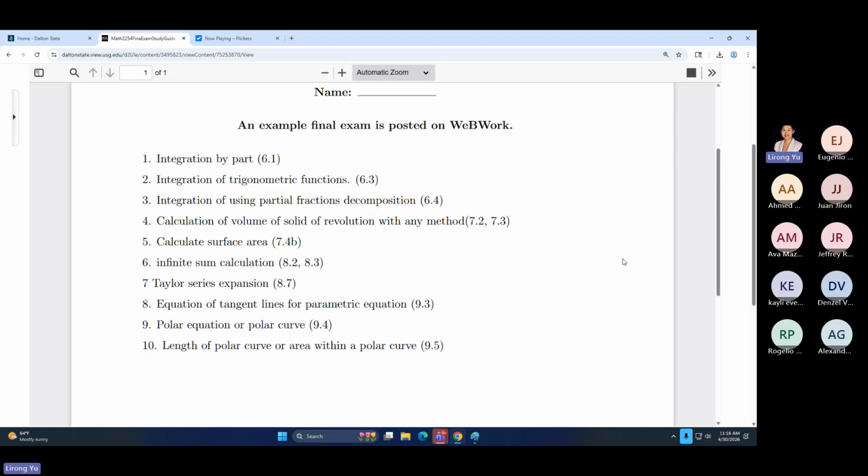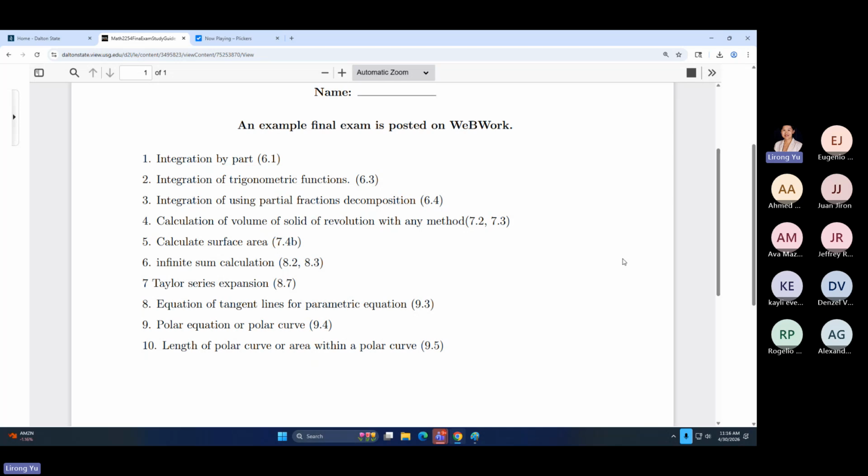Then you end up having a polynomial plus a rational function. For the integration of a proper rational function, we use partial fraction decomposition to turn the big integration into several smaller integrations. And that's 6.4.